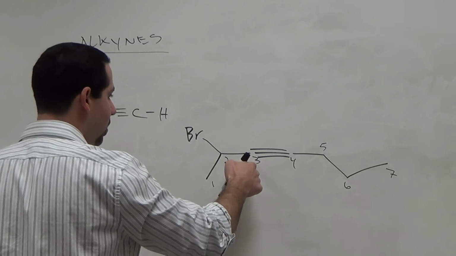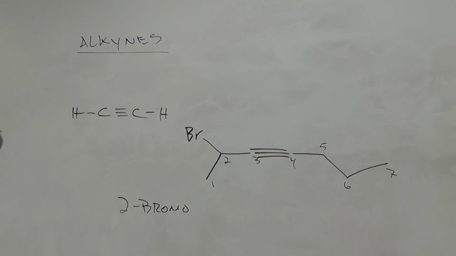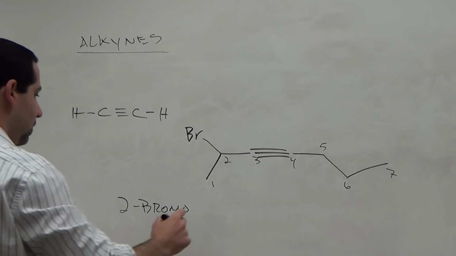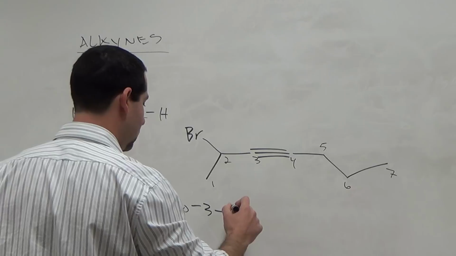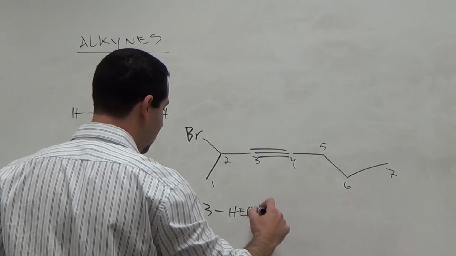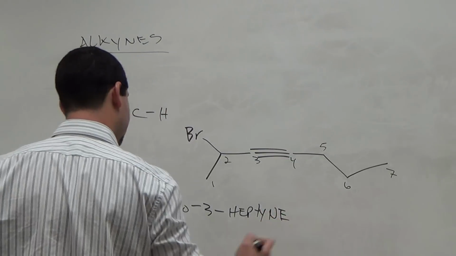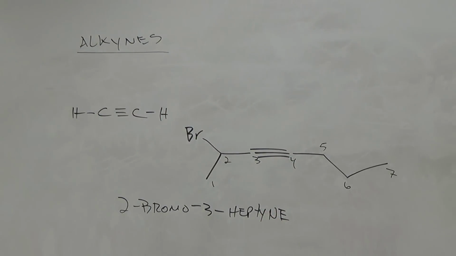You have to determine where the triple bond begins, in the order in which you began. So 2 bromo, 3 heptyne. You can say hept-3-yne, or 2-bromohept-3-yne. I can also say that, okay?